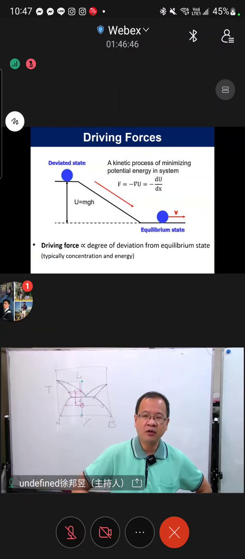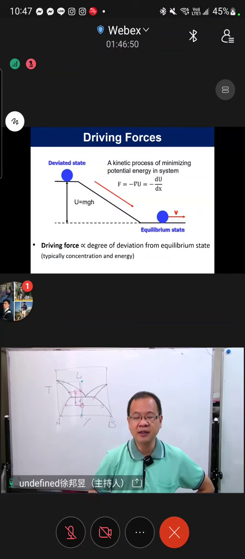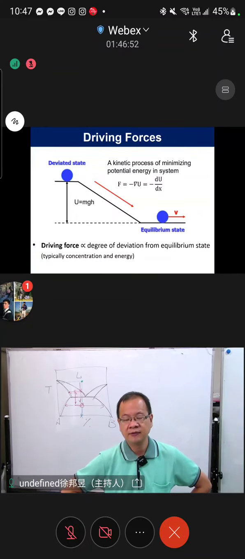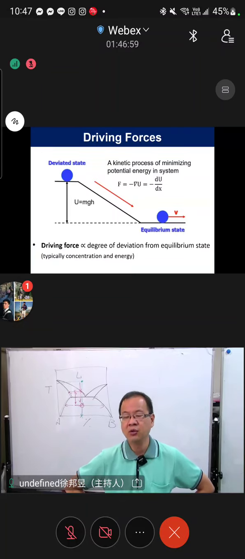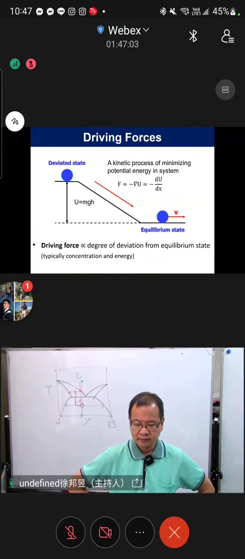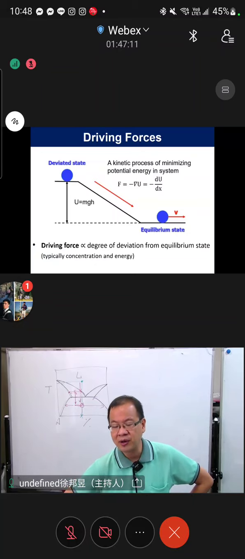And this simple gravity potential can also explain the kinetic fluxes in crystals. So physics is universally correct. You need to have good physics or you will have a really painful kinetics class. Driving force is defined by the energy difference. Here on this page, that's gravity potential, mgh, right?